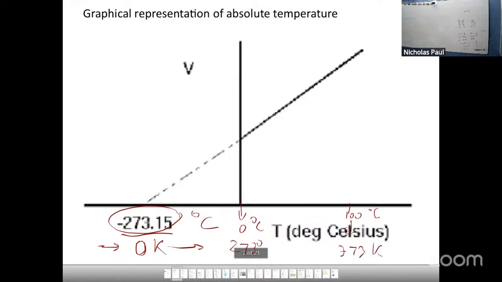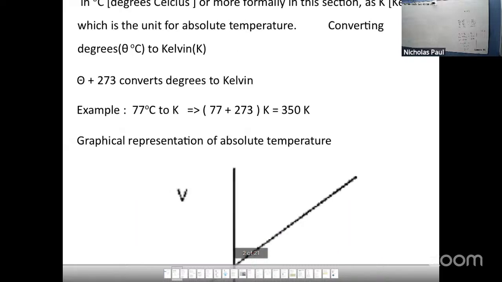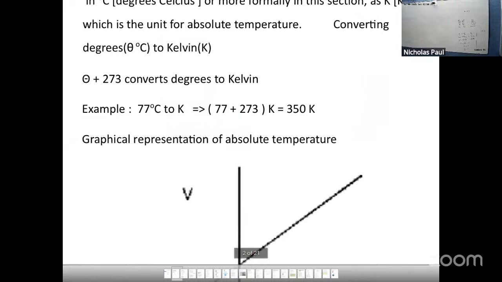So instead of using the Celsius scale, they started to use the Kelvin, or what we call the thermodynamic scale. Everybody clear with that? This is the exact value, right? If you go into CAPE physics, you will see the exact value, 273.15. But at our level, we just round it off to 273. Okay with that?